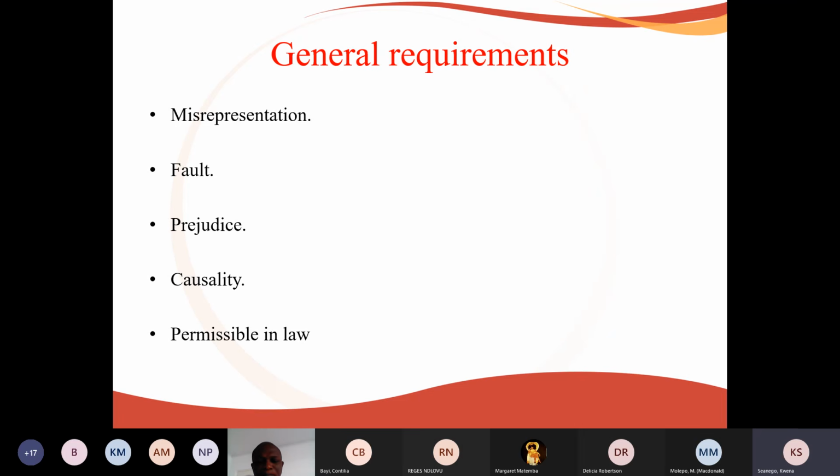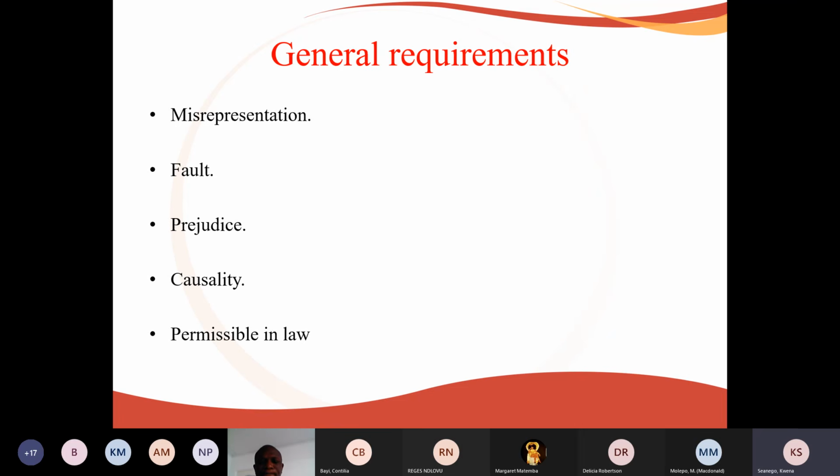So for example, we might give you a scenario, and in that particular scenario, some of the requirements for Estoppel might not be there, or all of them might be there. So our aim there is to assess if you can pick up the gaps in the requirements for Estoppel, or which requirements might be there, or which requirement might not be there.